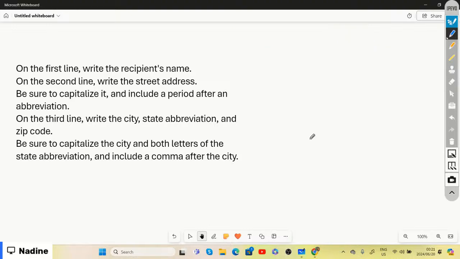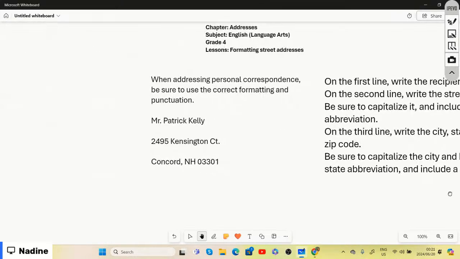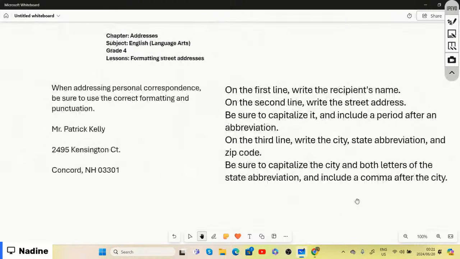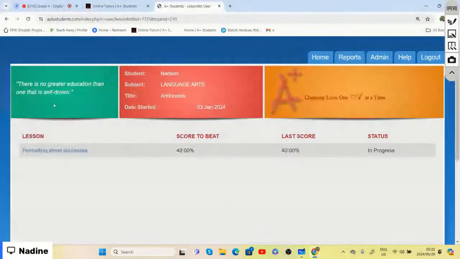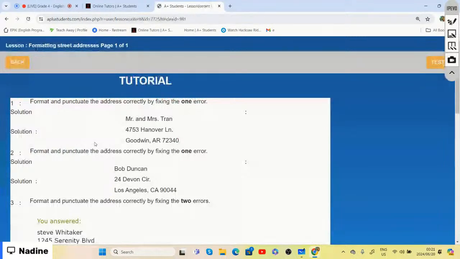All right. So now let's go to aplusstudents.ca, and that is where we are going to continue with our tutorial lesson, which is to format street addresses, right? We're going to look at a few street addresses. It says format and punctuate the address correctly by fixing one error.